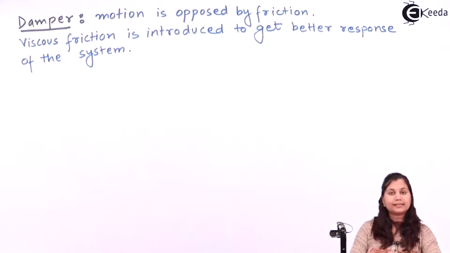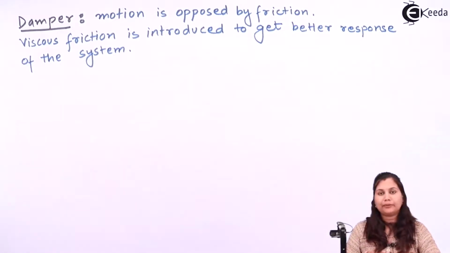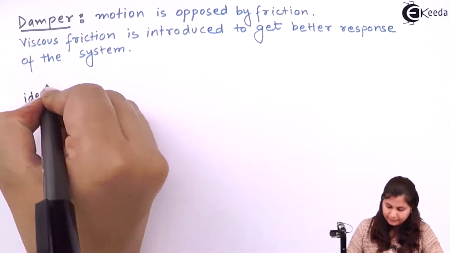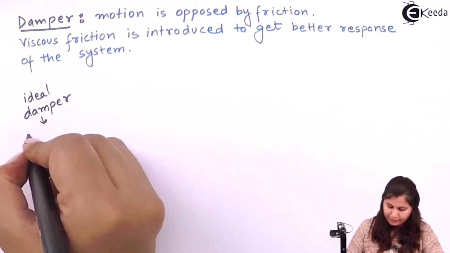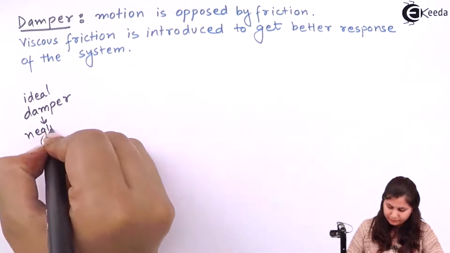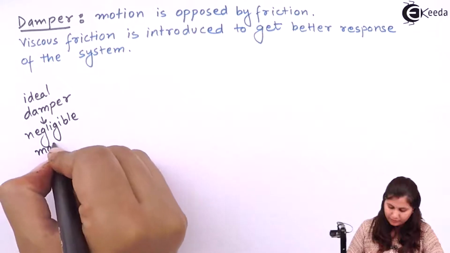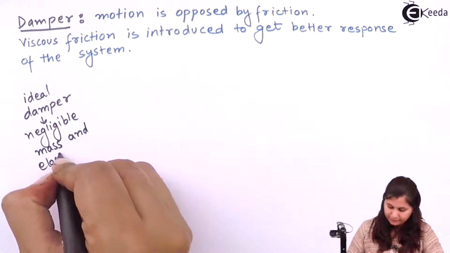So let us consider an ideal damper. An ideal damper will have negligible mass and elasticity.